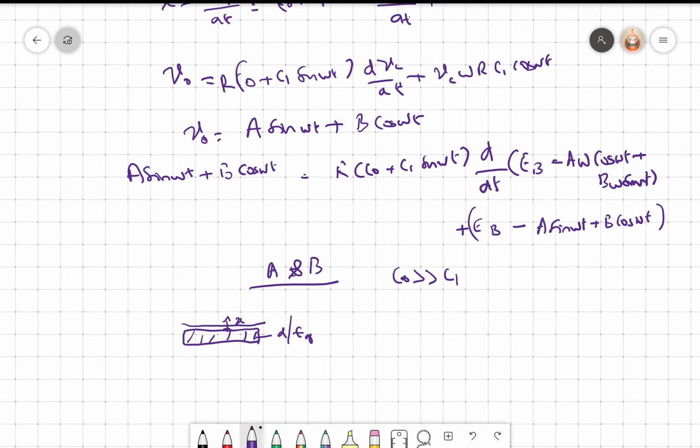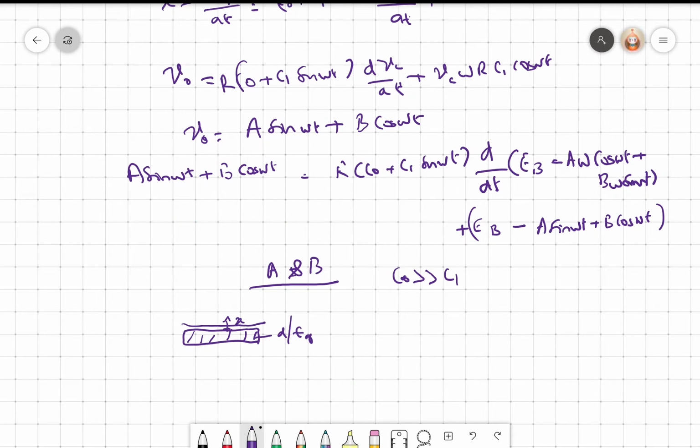So this way we can make C naught quite large compared to C1. So most electret condenser microphones, you will see that the backplate is filled with a dielectric which has a constant anywhere between 100 to 1000 depending upon the material used. So this is one particular type of this thing.